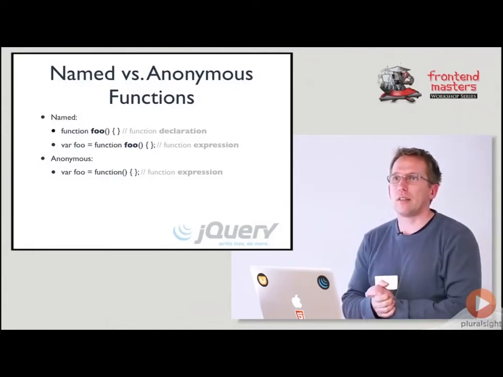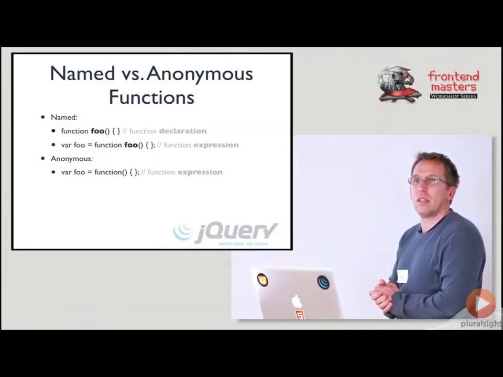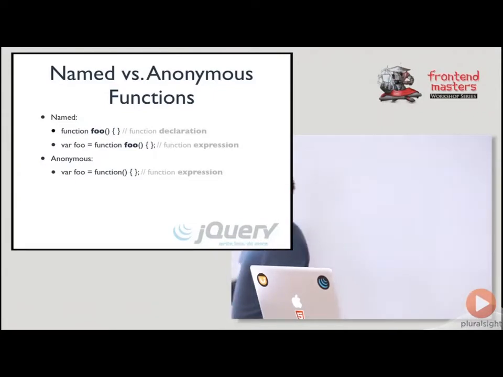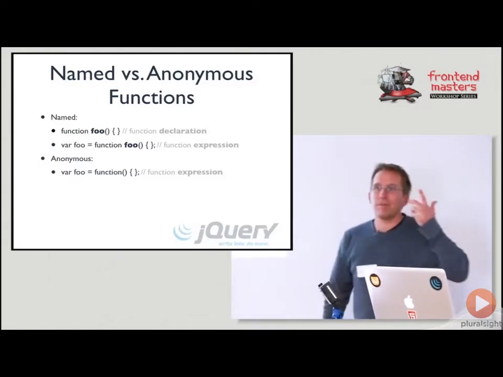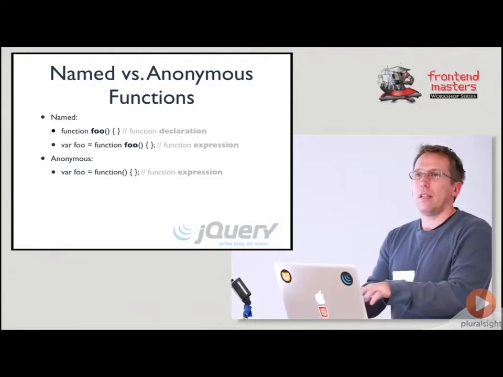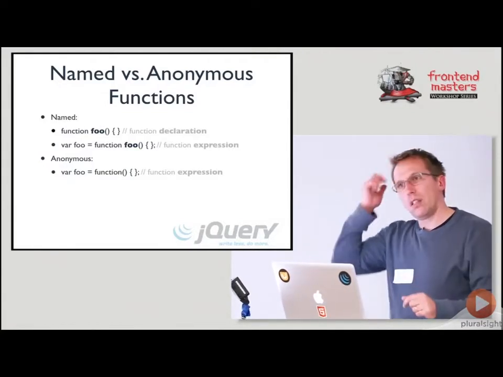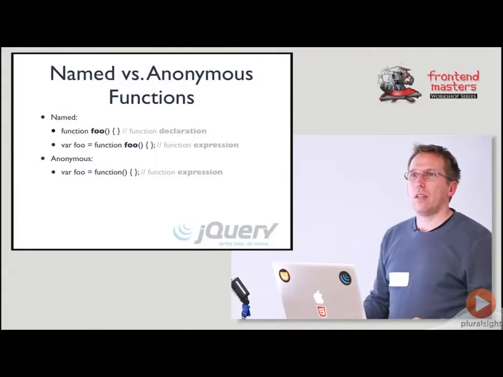Yes, question. They look exactly the same to me. OK, which ones? Oh, I see. OK, now it's just this function. So the foo is still on the left. How does the var foo work? Yeah, you don't have to have the same name here. You could say var bar equals function foo. Because when I think of naming a variable, I think of saying var foo equals, and the foo is the name of the variable.